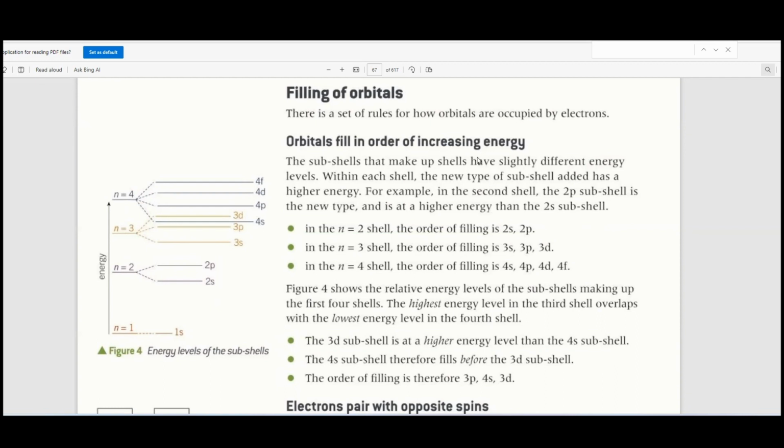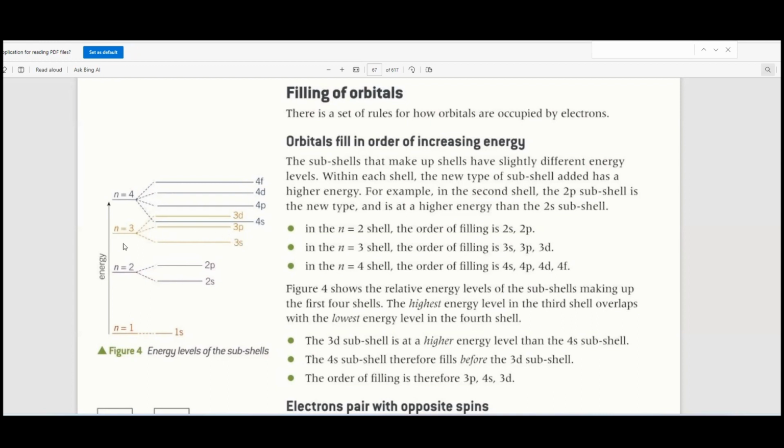We went through this as well. Within each shell, the new type of subshell added has a higher energy. So 2p has higher energy than 2s, but there will be a significant difference between 2p and 3s. That's why 2p still has less energy than 3s. That's why 2p is filled first, then 3s.